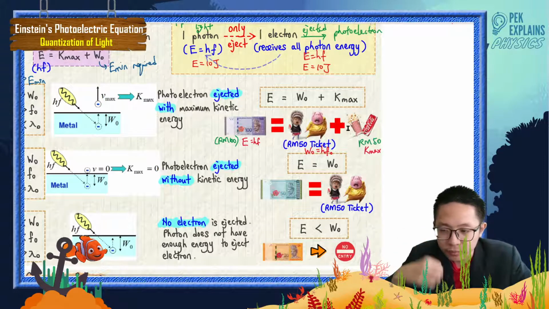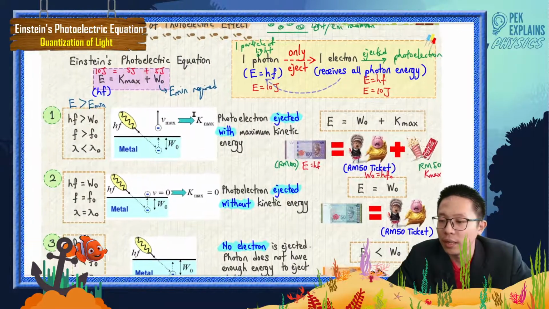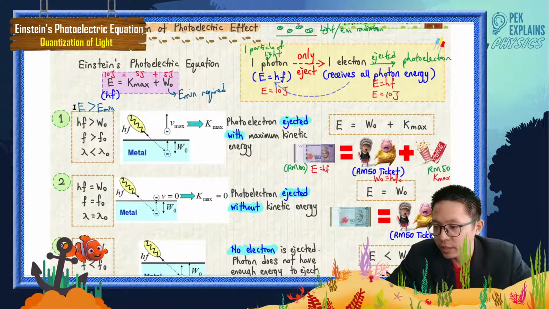So if the incident photon energy is more than the minimum energy, then the electron can be ejected with kinetic energy. Photoelectron ejected with maximum kinetic energy. Or we can say the incident frequency is more than the threshold frequency, and the incident wavelength is less than the threshold wavelength.